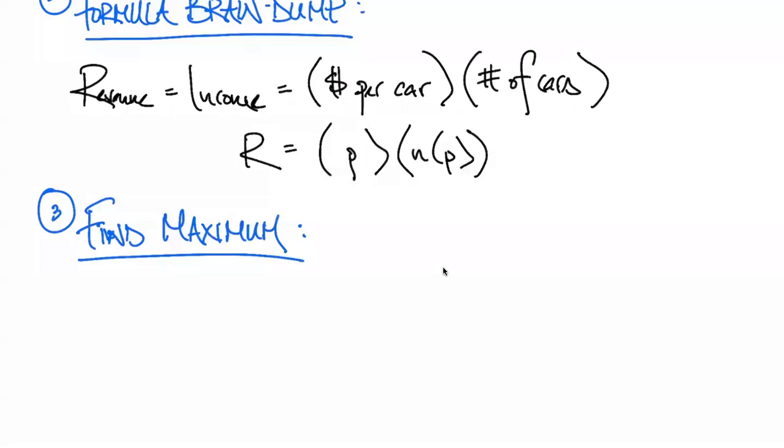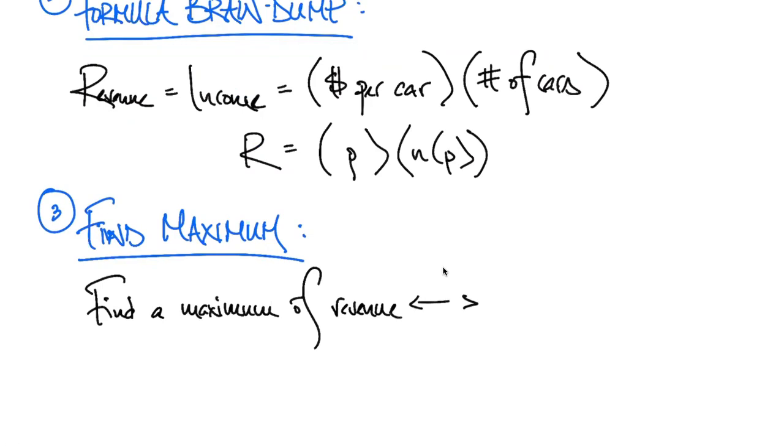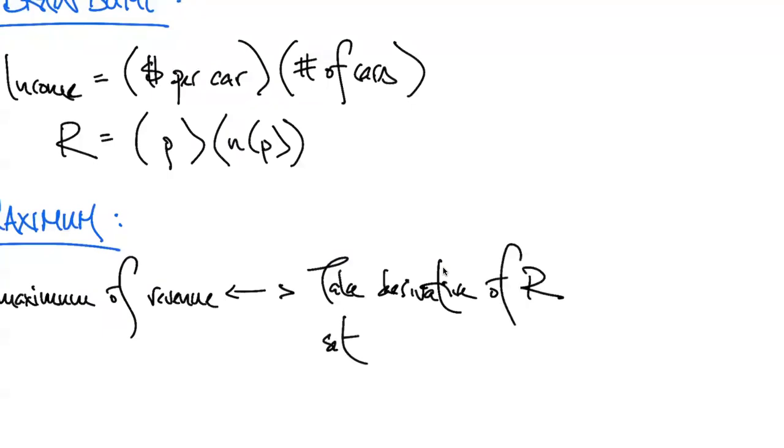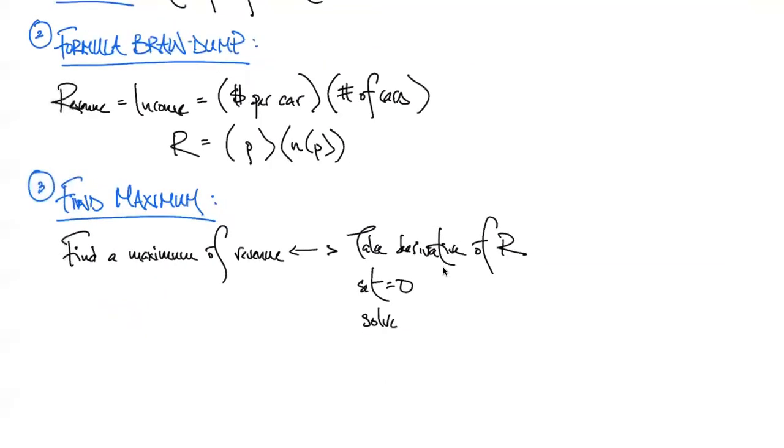So we're going to find a maximum of revenue, which means we're going to take a derivative of our R, set it equal to 0, and solve.